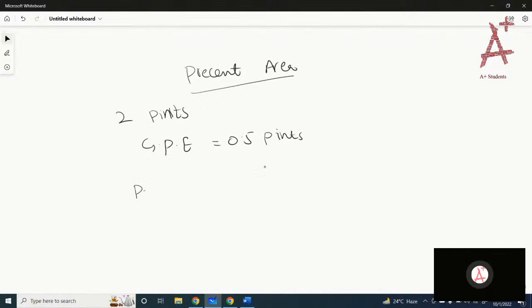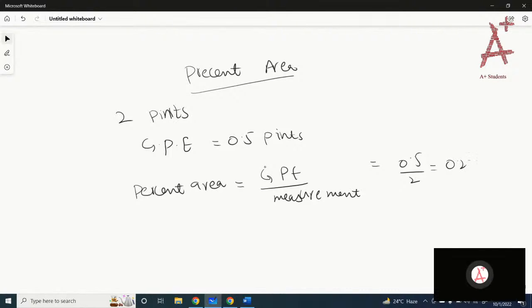So for the percent area, you have to divide the greatest possible error by the measurement. So the greatest possible error is 0.5 divided by 2. Got it? So 0.5 divided by 2 is 0.25. So just multiply 0.25 by 100. So it would be then 25%. Got it?